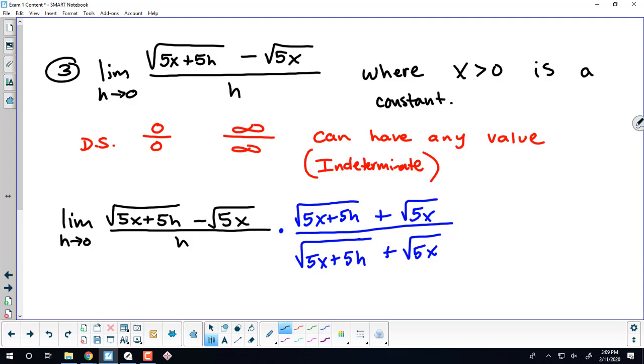If you don't want to keep writing limit as h approaches 0, then just work this algebraically like that, simplify it as far as you can, and then compute the limit as h goes to 0. But at some point, you need this limit here.